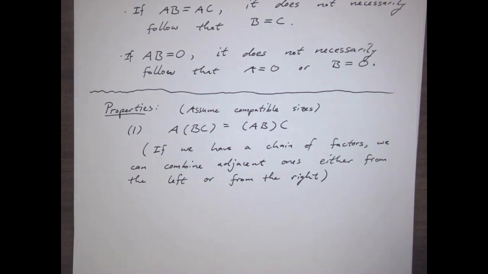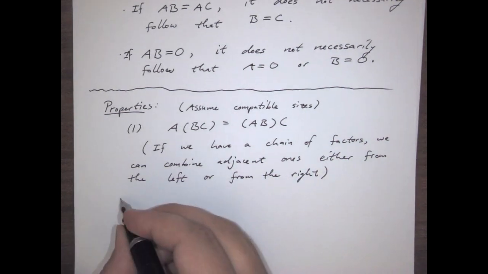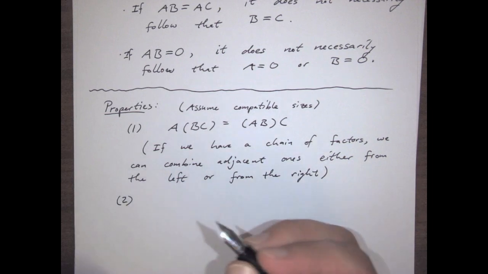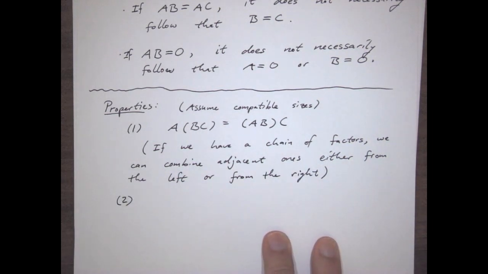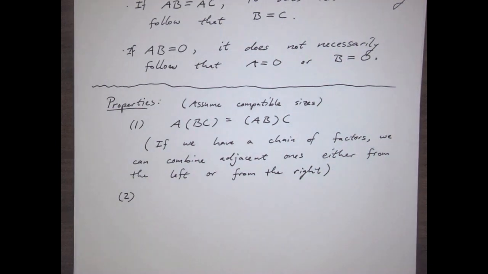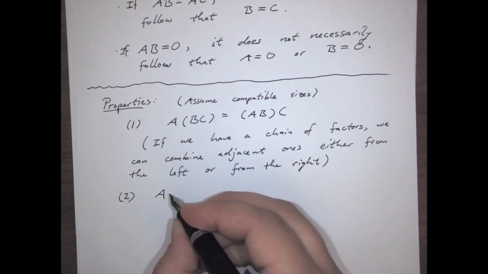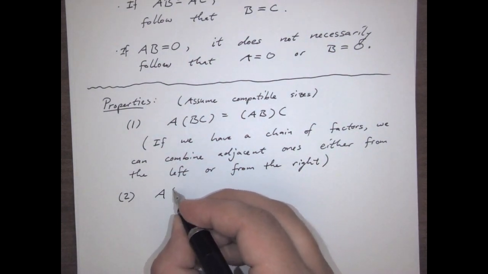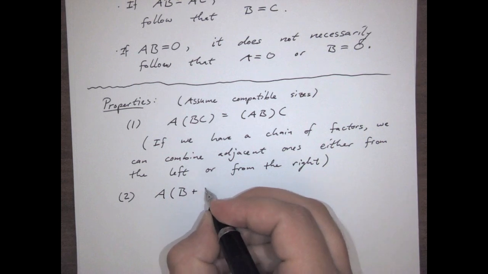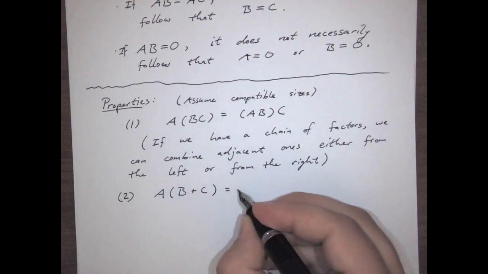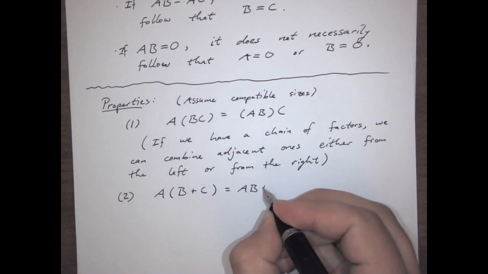So we can basically do a multiplication and then do the result and then multiply the result by another matrix, and it will make sense and it will be well defined whichever way we work, whether we work from the right and work our way leftward, or work from the left and work our way rightward. Also, matrix multiplication is distributive. So that means that if we have A times B plus C, that is the same as AB plus AC.